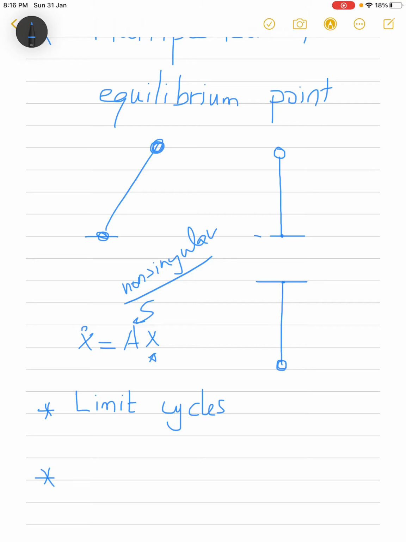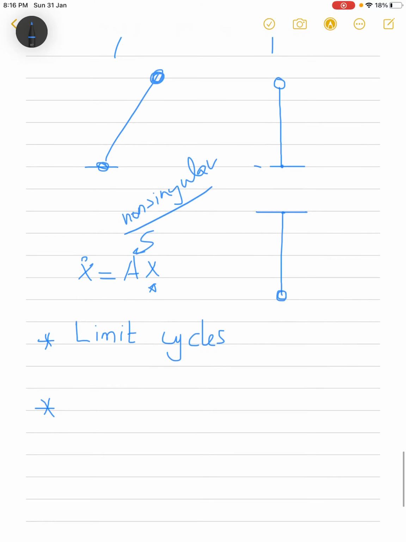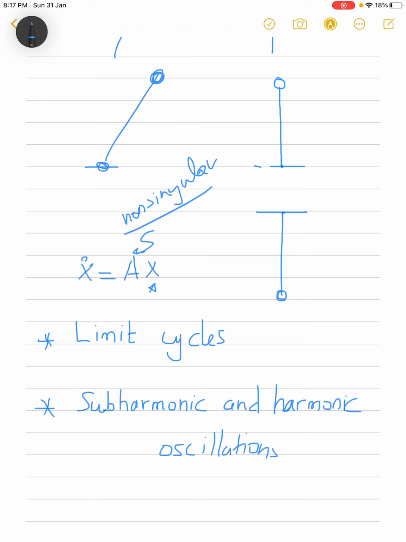Another phenomenon which could appear in nonlinear systems is what's called subharmonic and harmonic oscillations. In linear systems, we know that if we apply a sinusoidal input to the system, and if the system is stable, then the output will have a sinusoidal nature with the same frequency as the input, but with different amplitude and phase shift.